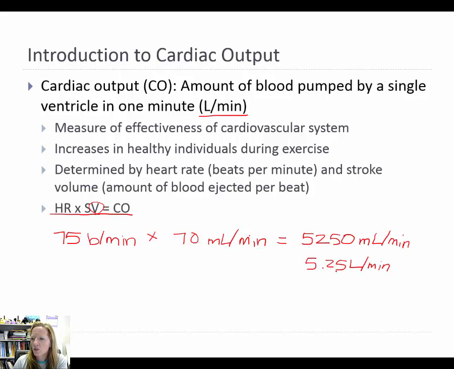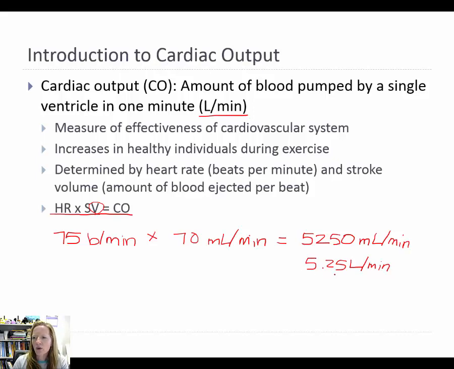But 5.25 liters per minute, remember that the volume of blood in an individual is about 5 liters. Males were 5 to 6 liters, females were 4 to 5 liters. That means we are pumping our entire volume of blood through the heart in 1 minute. So that's kind of amazing. And that equals roughly 7,000 liters of blood that we are pumping through the heart daily. So that is quite a bit.